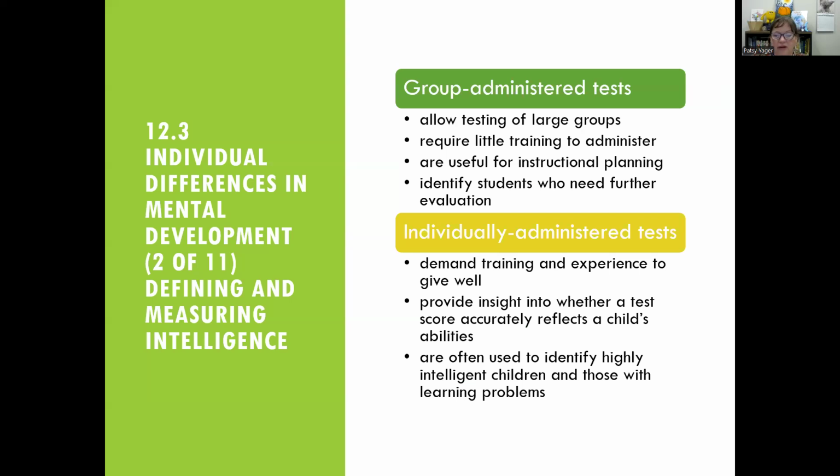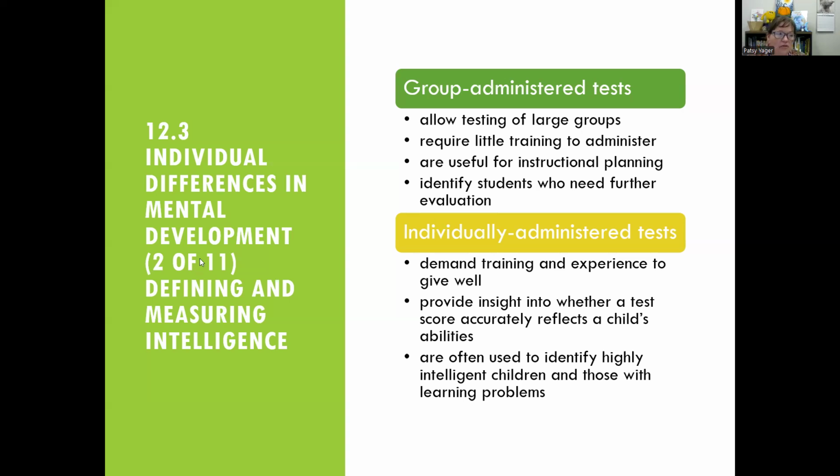We can get a basic idea of what the children know, then we know what to plan for activities and lessons. They identify students who need further evaluation. So those ones who may be a little bit farther behind, or we may be concerned about a developmental delay, we can get an indication of that with these types of tests.